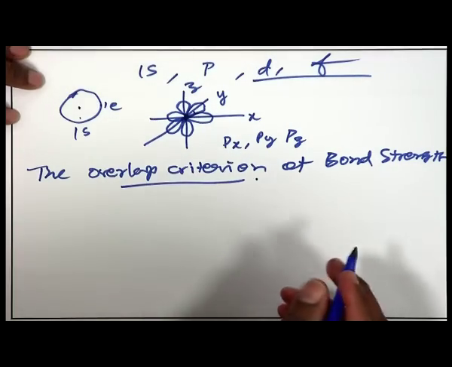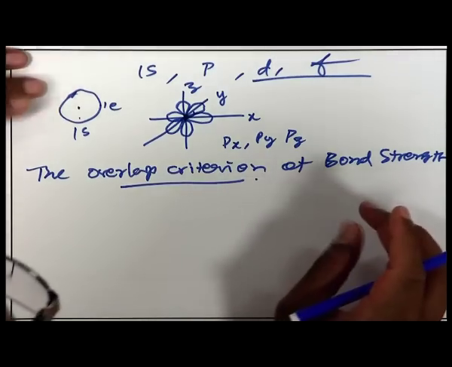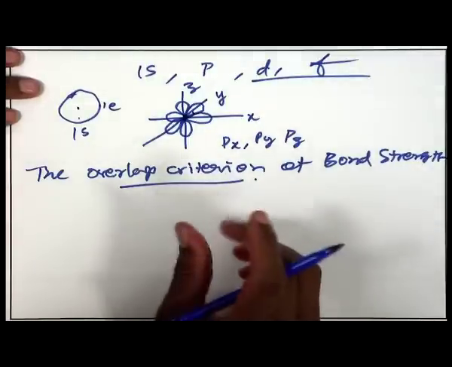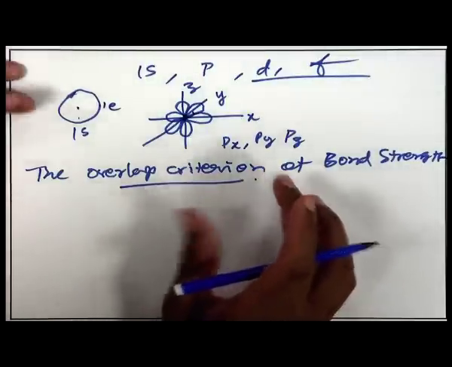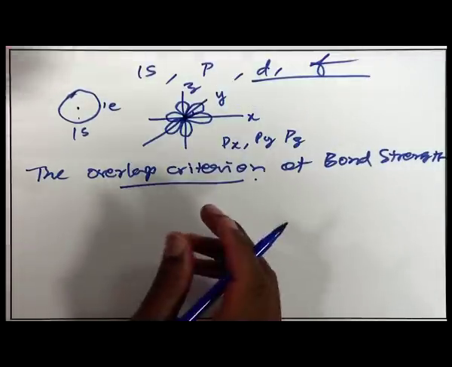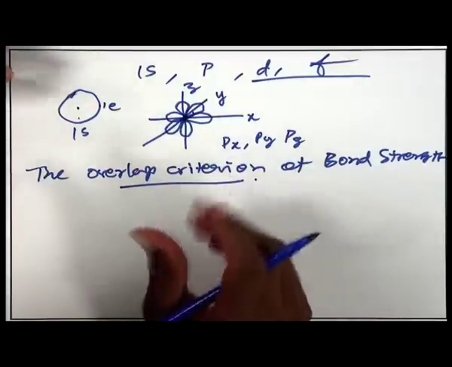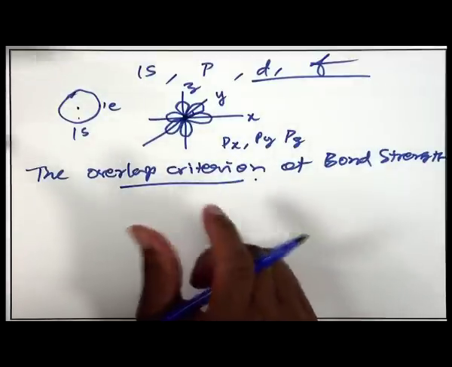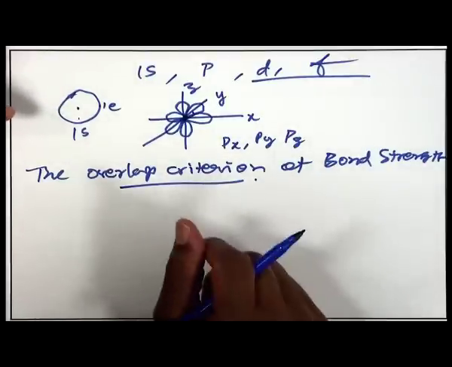That means there is a relationship between the nature of the overlap and the bond strength. Because overlap is important to have a stronger bond, the higher the overlap, the stronger the bond.